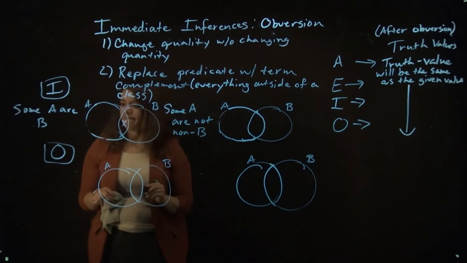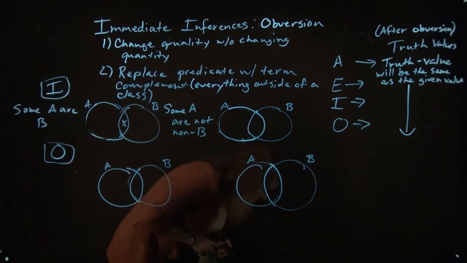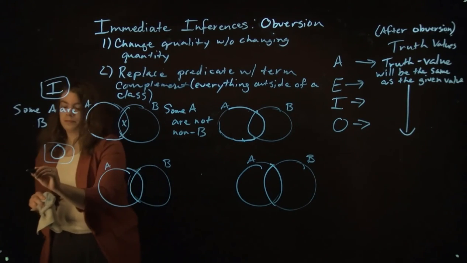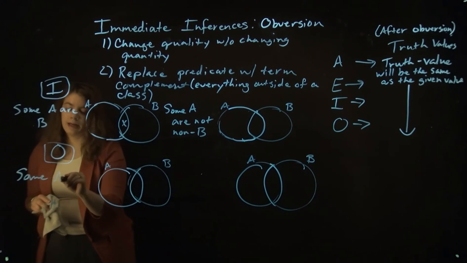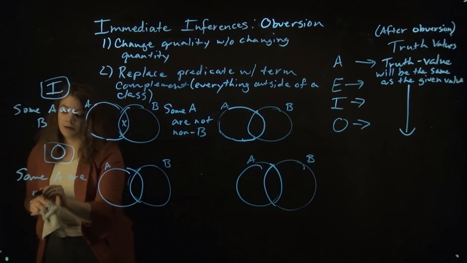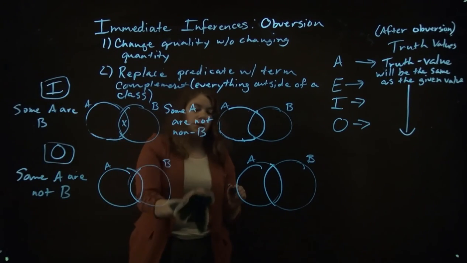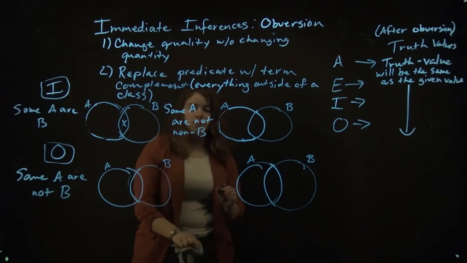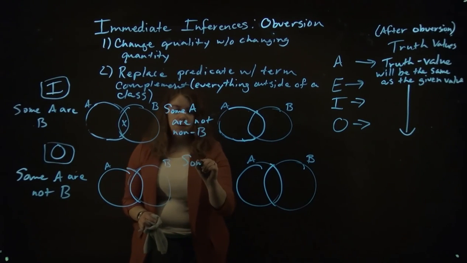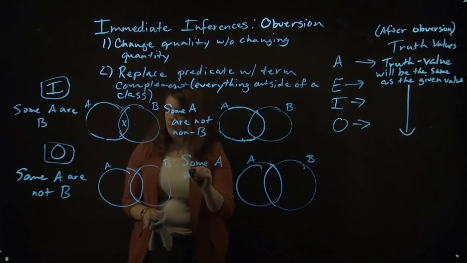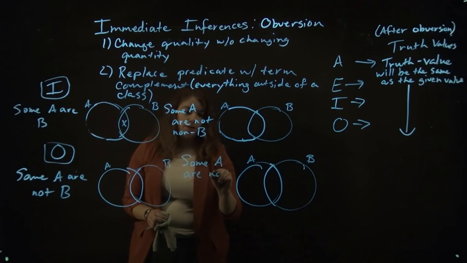Okay. And then the obversion of the O statements here will be that some A are not B, obverting it, changing the quality here, some A are non-B.